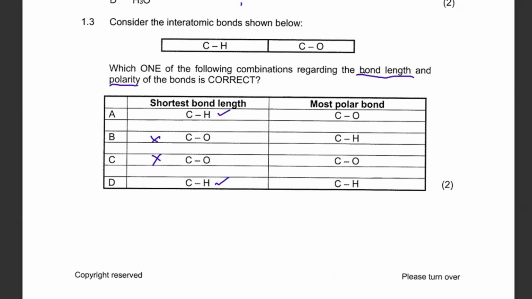Now we're looking at the polarity. The most polar bond here is carbon and oxygen. Carbon and oxygen has a higher polarity compared to the CH bond. So the correct answer here is letter A. So letter A is the correct answer for 1.3.